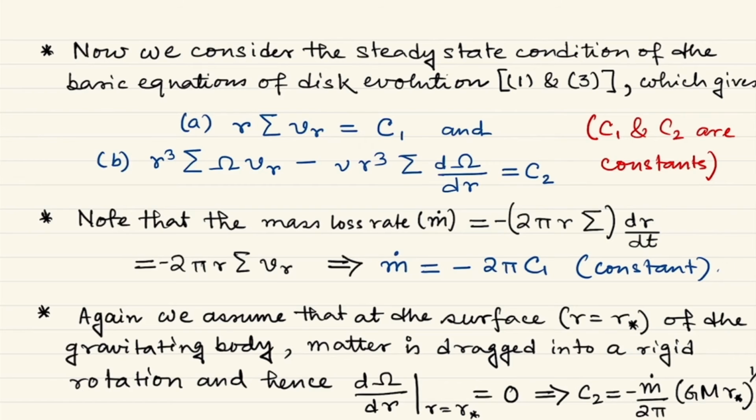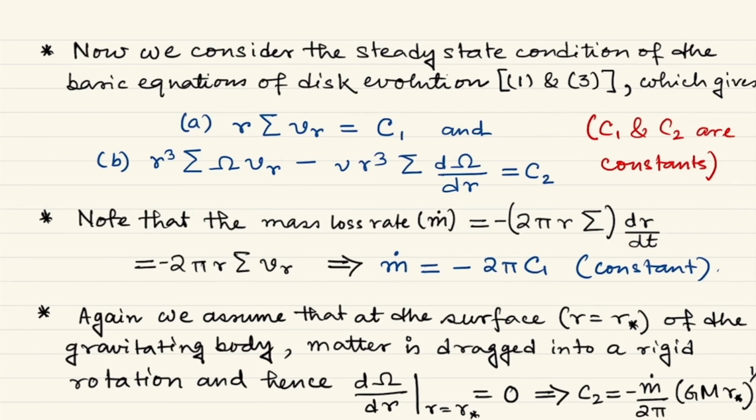Okay, this is because if you just think that the mass is lost like this, there are cylindrical shells like this, then you take infinitesimally extended cylindrical shells, and you will see that the mass inside will be nothing but 2 pi R sigma dR, and the change in mass per unit time will be 2 pi R sigma dR dt, and dR dt is nothing but VR.